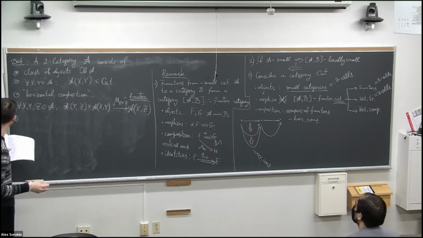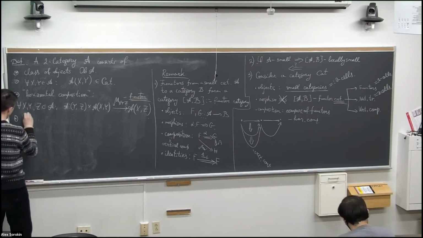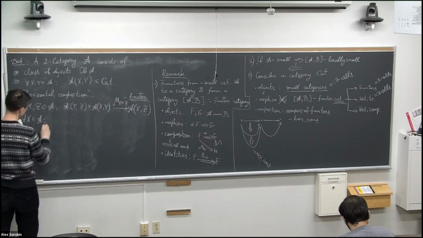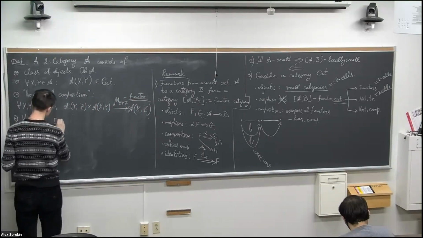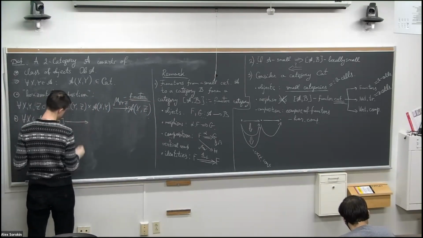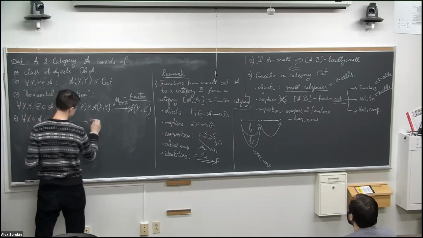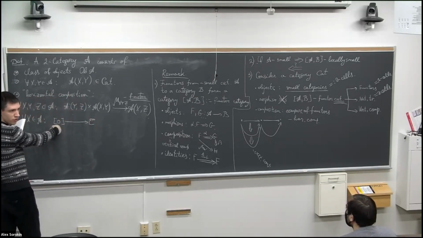Fourth, for every x in category A, there is a functor from the trivial category, one object and one morphism.